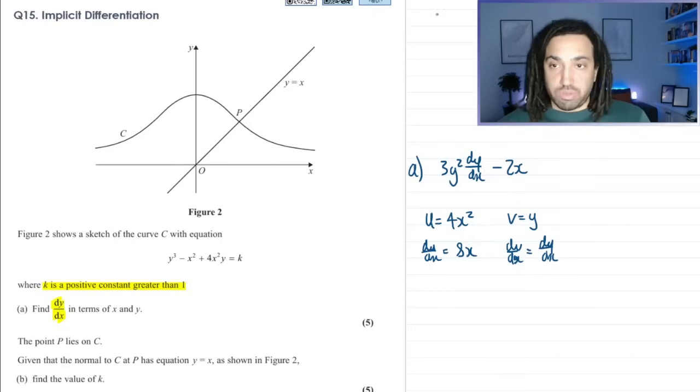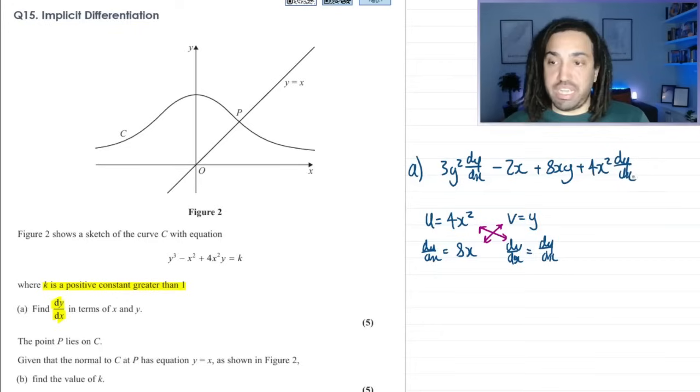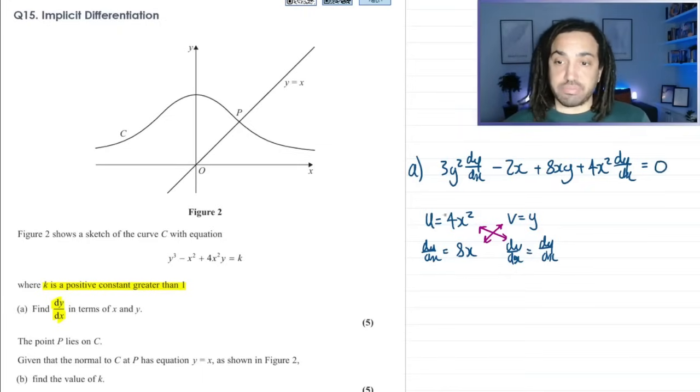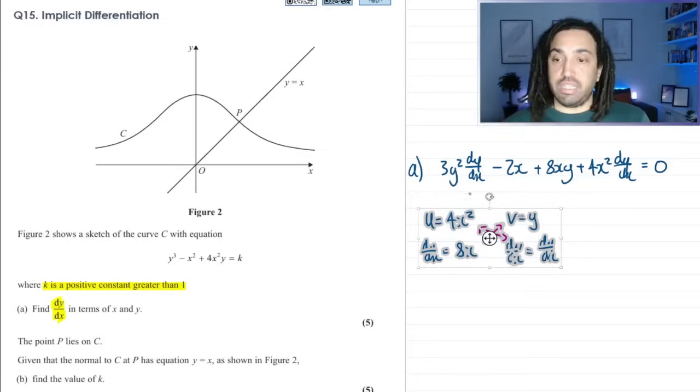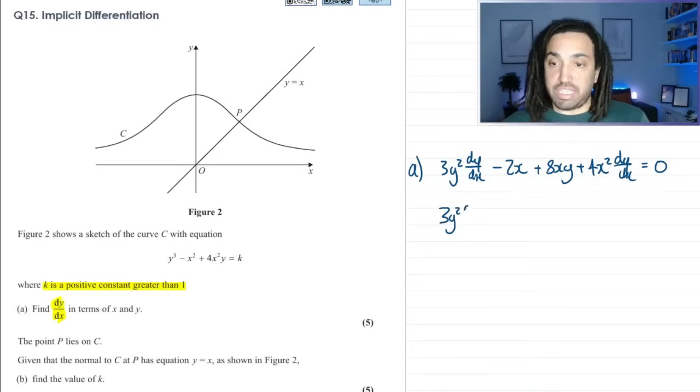So doing the product rule means that we need to cross multiply here, and then add the two together. So this is going to give us 8xy, plus 4x squared dy by dx, and that's equal to the right hand side differentiated. Well, k is a constant, so it's going to differentiate to 0. Okay, perfect. Now the trick here is you're going to want to collect up the dy by dx's on one side, so bring them all together.